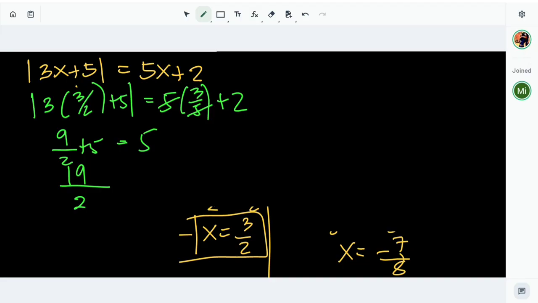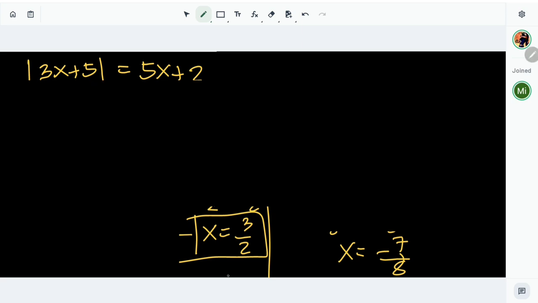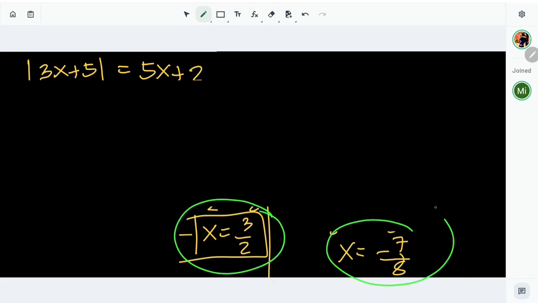I think, did it say to check for extraneous solutions? It says right, the value of x that get the first value, this one is positive, and the second one is negative. The one that is greater than 0 is 3 halves. So 3 halves here is the solution.